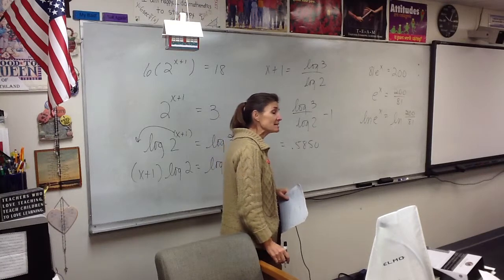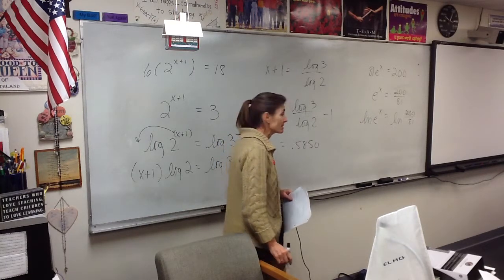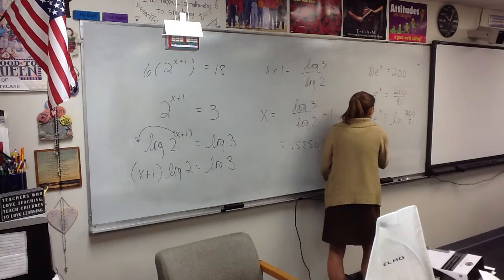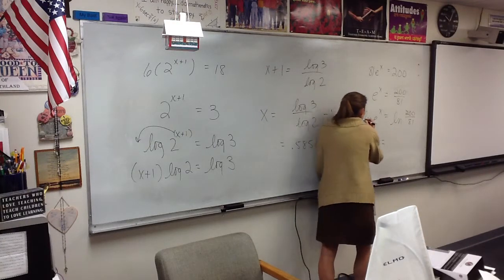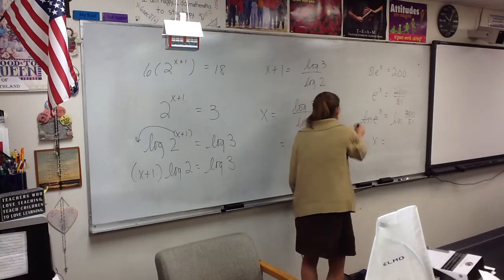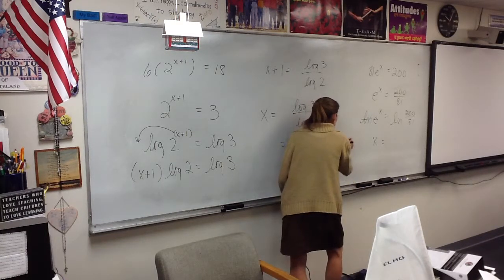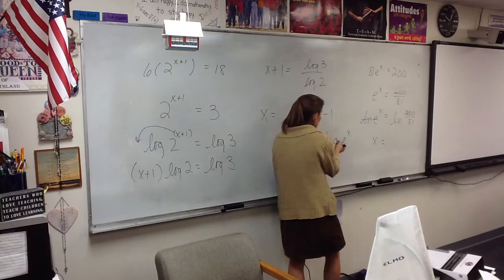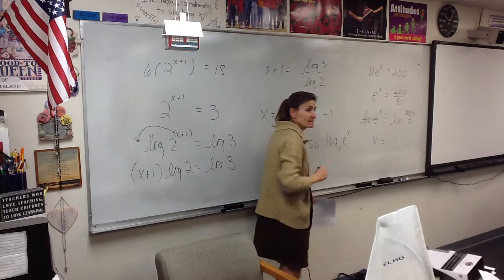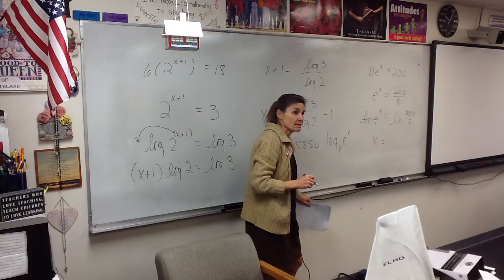And the reason that we do that is because this just equals x. These cancel each other, because ln is log base e. So if I take log base e of e to the x, I just get x. That's one of my properties.